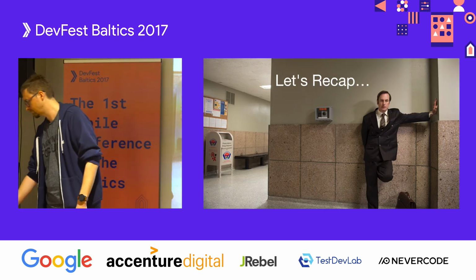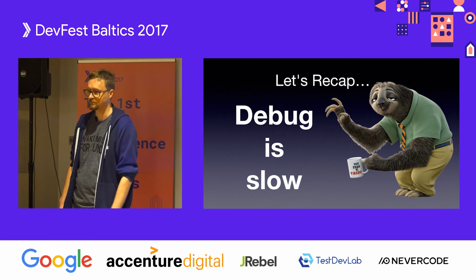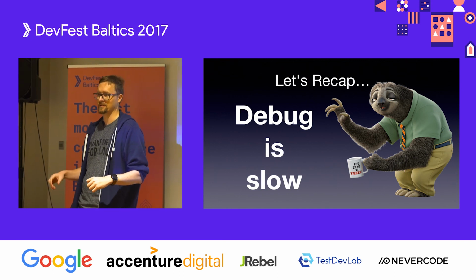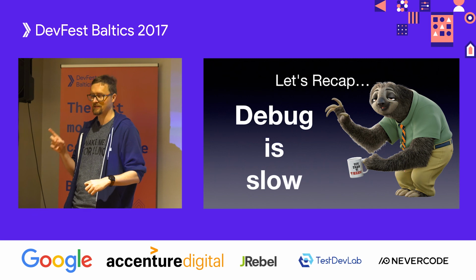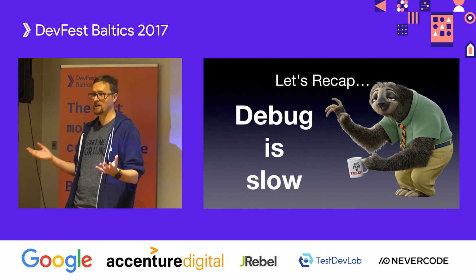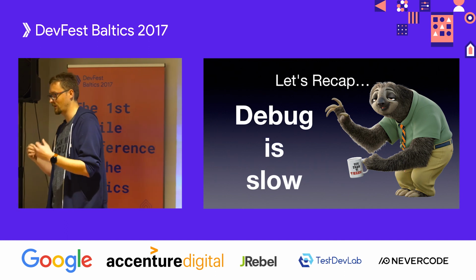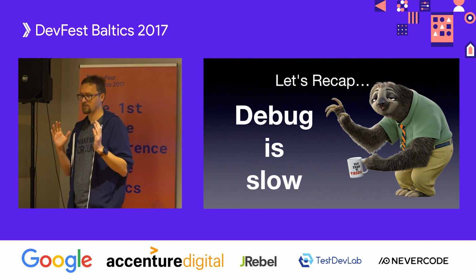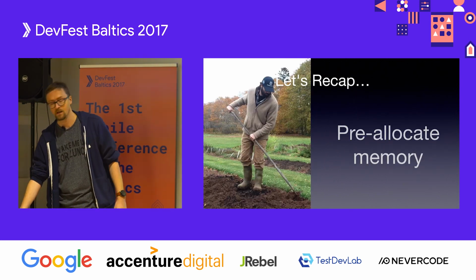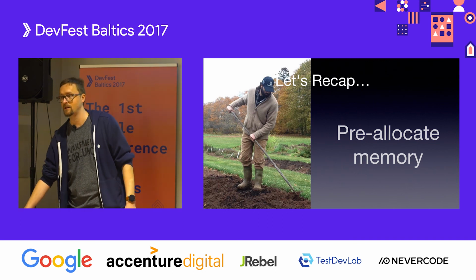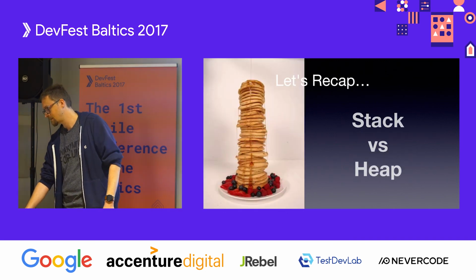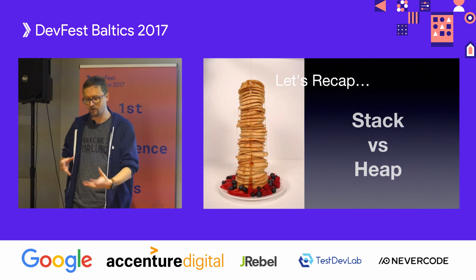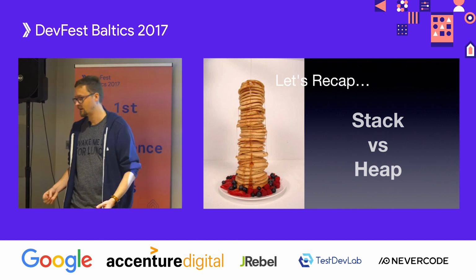Recap. Debug is slow. It's really slow. So if you come to my repository and run the tests in debug and say, oh, it's so slow, well, it's because of debug. And if you ever have performance tests, remember, do not run them with a debug build. Pre-allocate memory to avoid allocations. Use the stack if you can; if you understand what's going on, build that way so you can use stack performance.